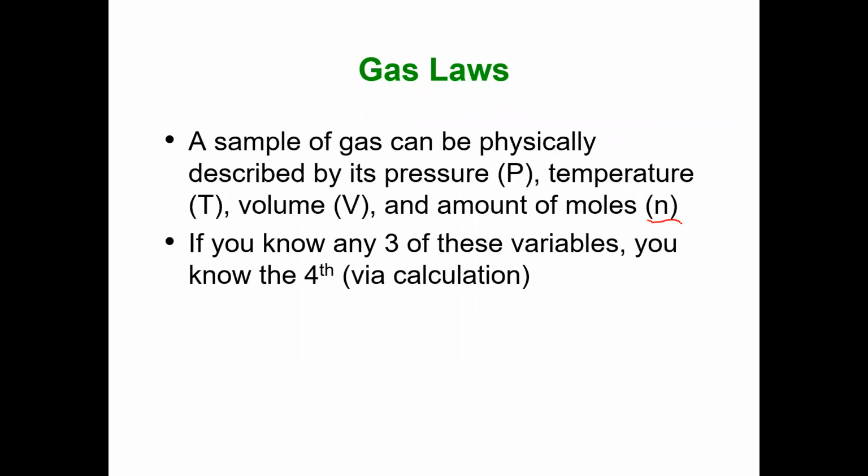If we know any three of these variables, we can find the fourth via calculation, and we'll discuss this later as we move forward in these videos with the ideal gas law. For now, you can understand that the ideal gas law is just PV equals nRT. P for pressure, V for volume, n for moles, T for temperature, and R will be a constant that we'll solve for.